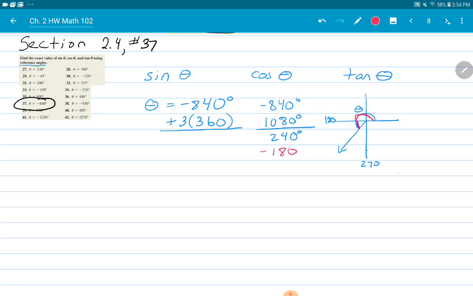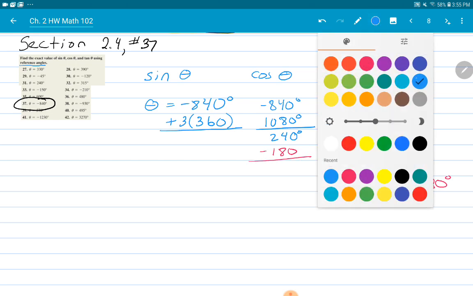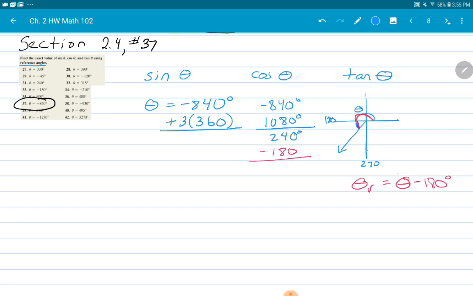So whenever we're in quadrant 3, to find the reference angle, we take theta minus 180 degrees. So let's do that math, and we get 60 degrees.